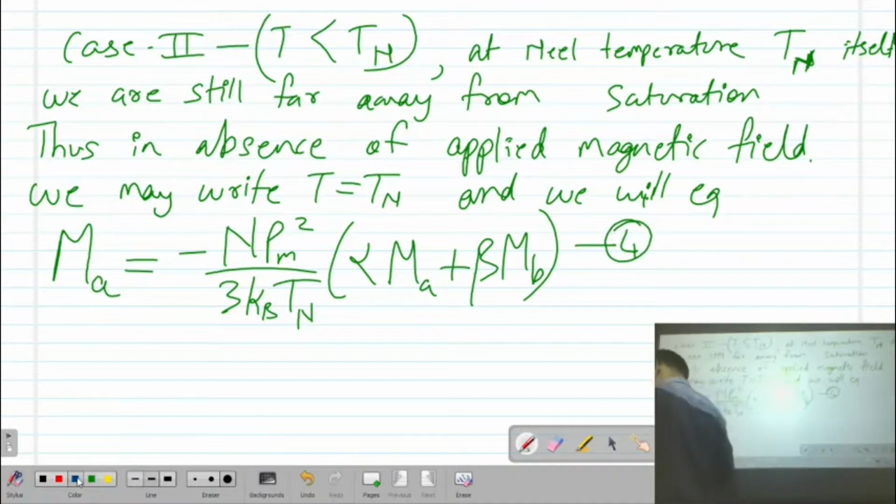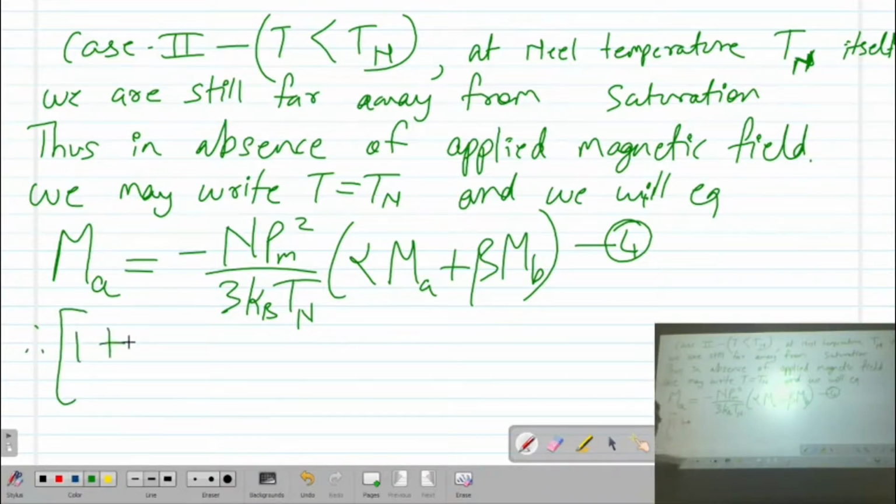And similarly we will have the equation for m of B. But before going to that, let us have the solution of the above.